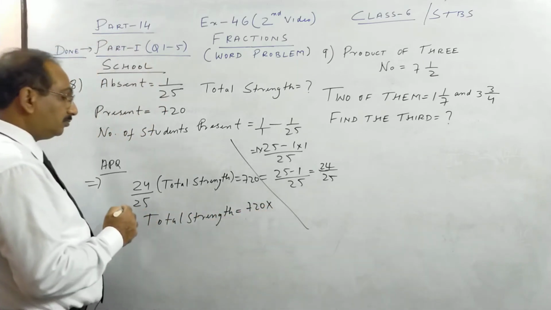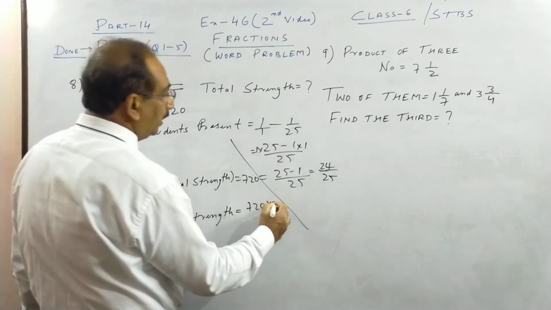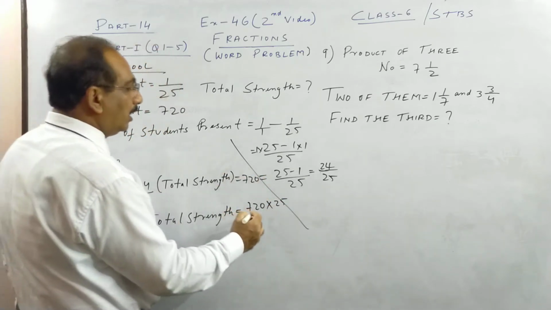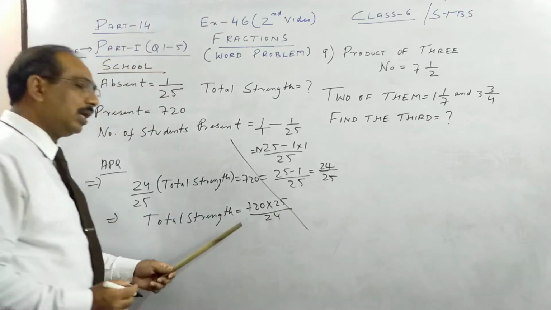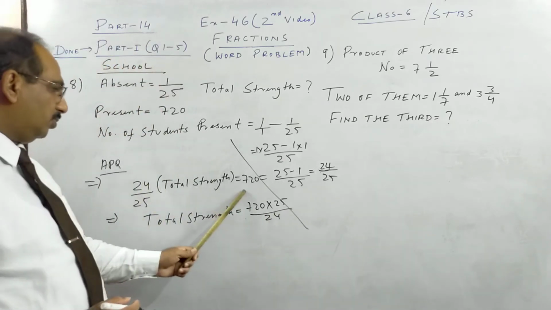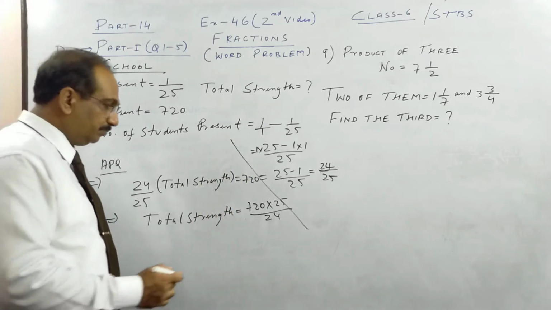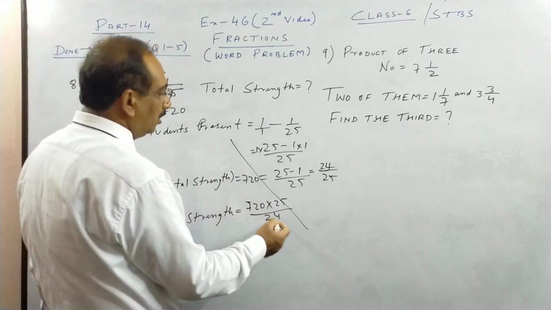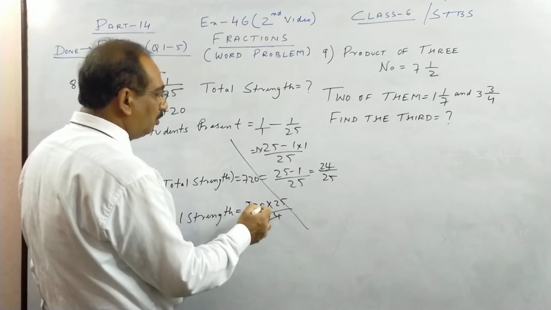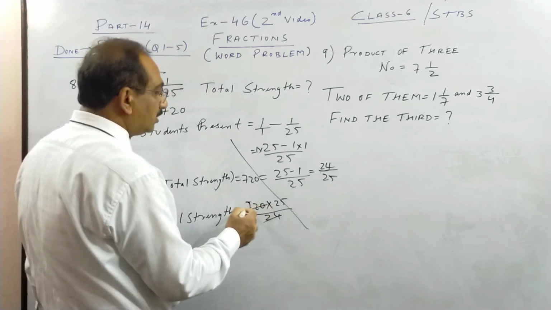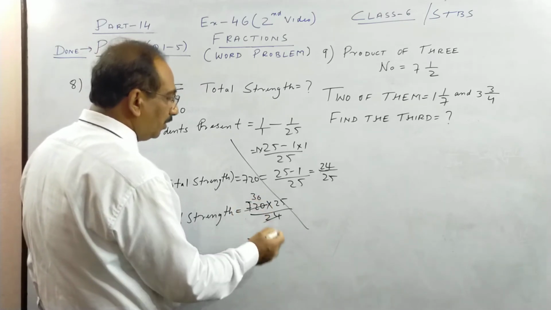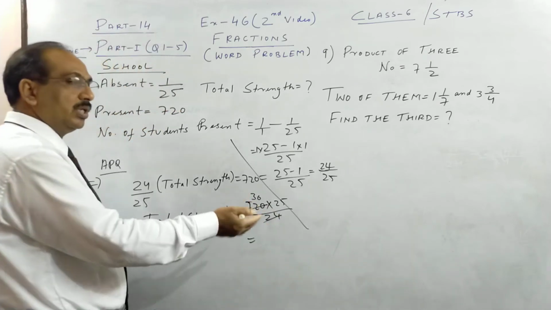So 25 will go up and 24 will come down. See, the last value will be the same. 25 goes down, 24 goes down, 25 goes up. If you cancel, I take the HCF of 24, 3s are, or otherwise you can do 2 with 2, then 2, like that.